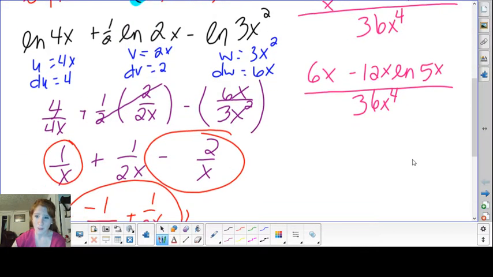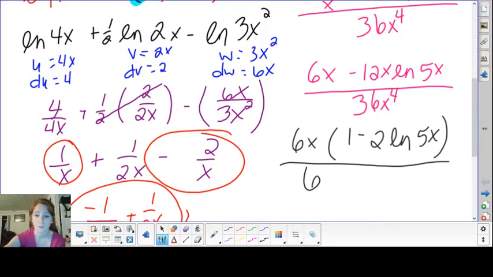And if you notice something else, we talked about this the day we did the product and quotient rule in class. I can actually divide out a 6x from every term, and when I do that, I'm left with 1 minus 2 natural log of 5x. If I do that on the bottom, I'm left with 6x cubed.